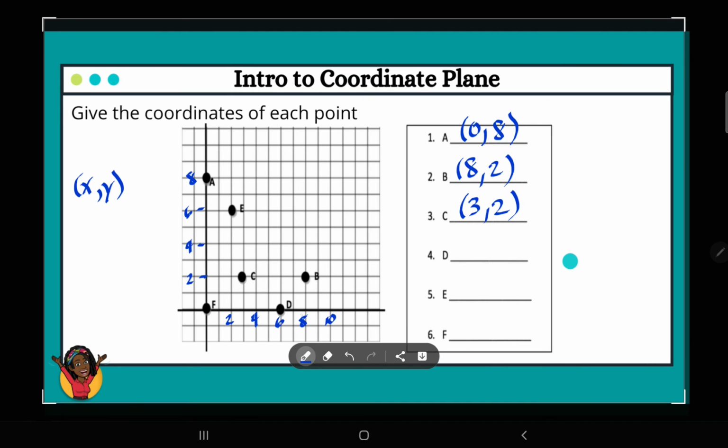D is on the x-axis, so what that means is that its y value is 0. So it's located at 6, 0. E is located at 2, 6. And F is right in the origin, so it is 0, 0.